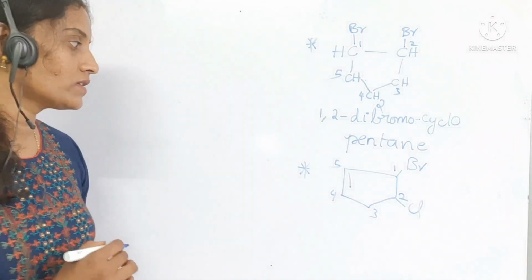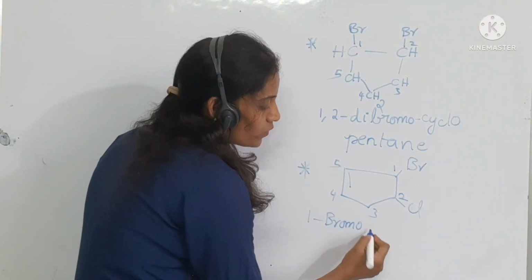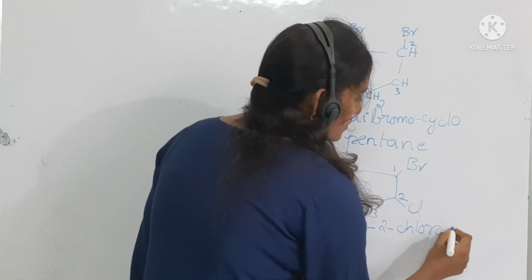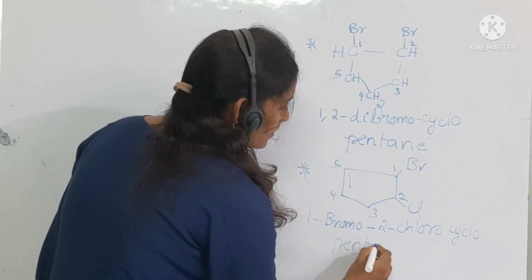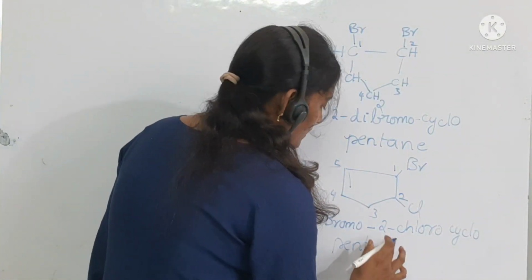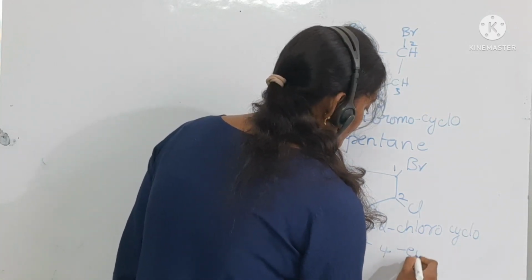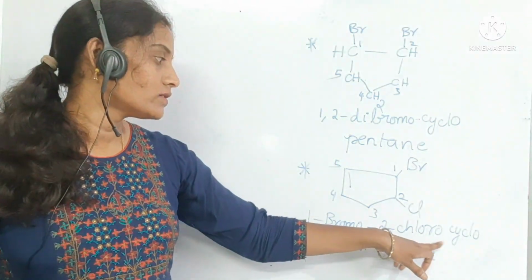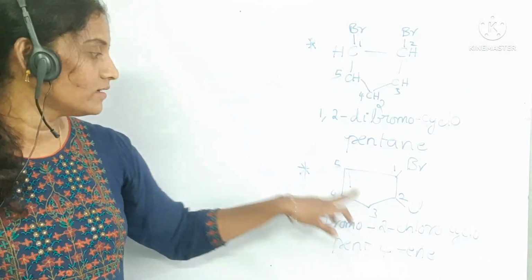How can you name this molecule? 1-bromo, 2-chloro, cyclo, pent, and at the fourth position 1 double bond is there, pent-4-ene. So 1-bromo-2-chlorocyclopent-4-ene. Okay.